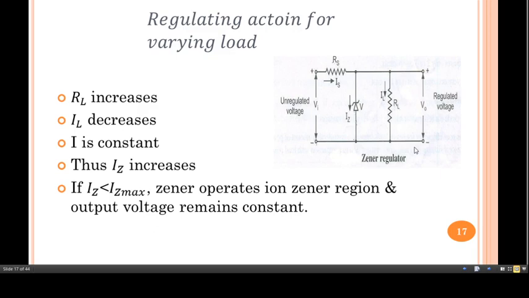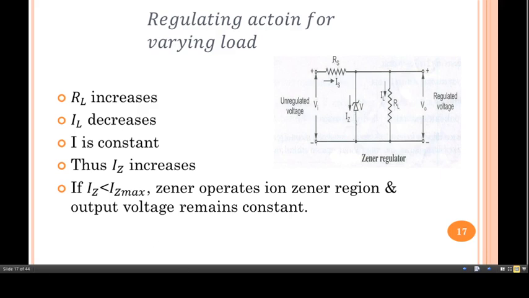In a similar way, if the load decreases, what will happen? If RL decreases, IL will increase, Is is constant, so Iz will decrease, and if Iz is greater than Iz min, then the Zener will operate in the Zener region and the output voltage will remain constant.